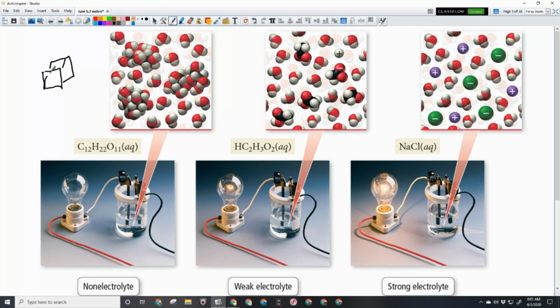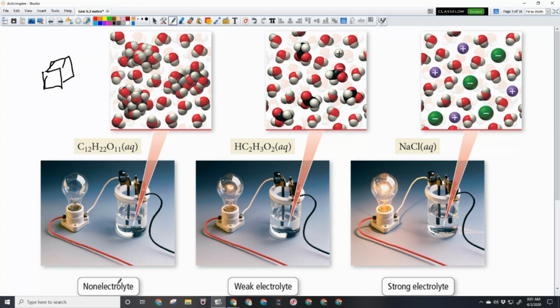When we put it down in water, these molecules break apart from each other. But the components of that molecule, the C12, the H22, and the O11, they stay together as a molecule. They don't separate. So yes, this does dissolve, but it doesn't dissociate.